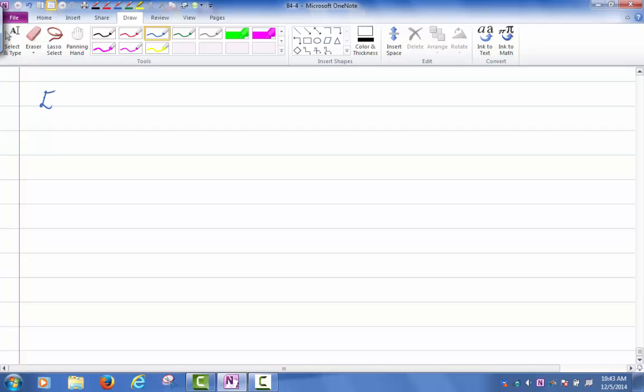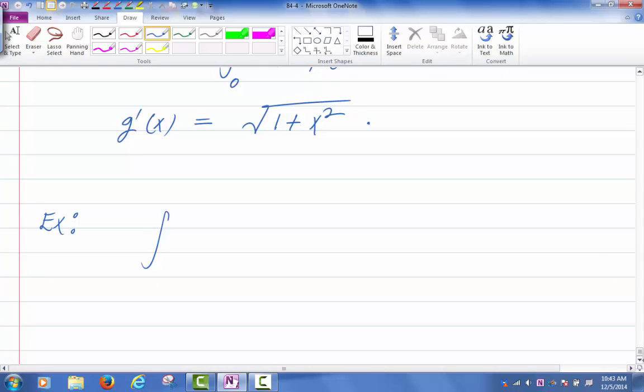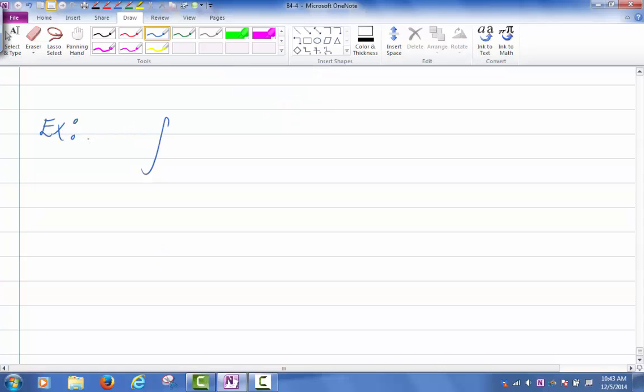Here's another example. In the previous example I had 0 to x, right? What if I define a function capital F of x, and instead of going from 0 to x, let's say I go from x to 0 and I take the same integrand? How does it change my function? What would be the derivative now?